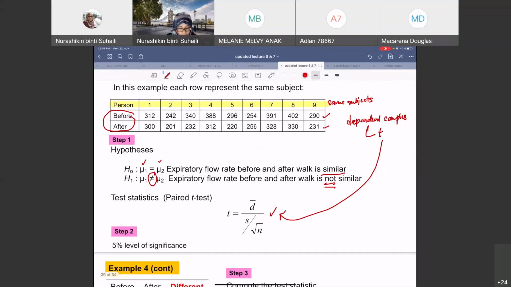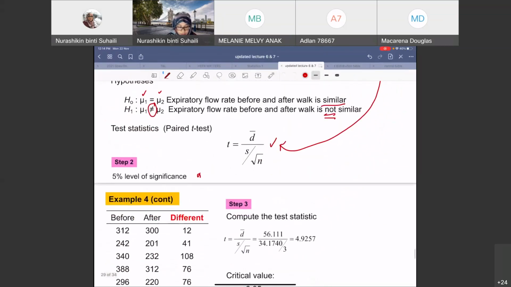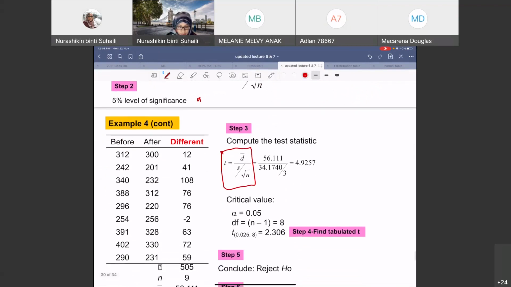Then step 2, alpha is given. Yes, given alpha 0.05. Step 3, compute the test statistic, which is this T value that you have to solve. It looks simple, but actually you have to do a few steps before that.